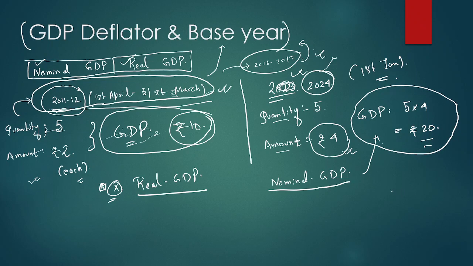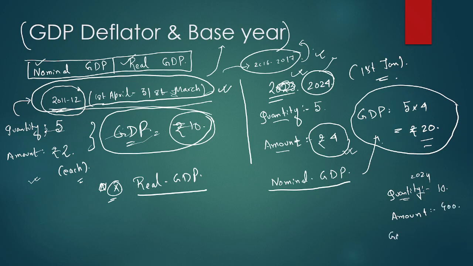Suppose the quantity of shirts, as I have taken that example of shirts from cotton to make you understand, be 10 shirts, and the price of each shirt in 2024 is 400.